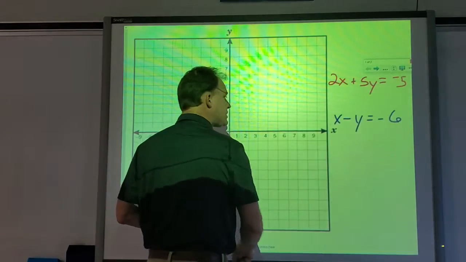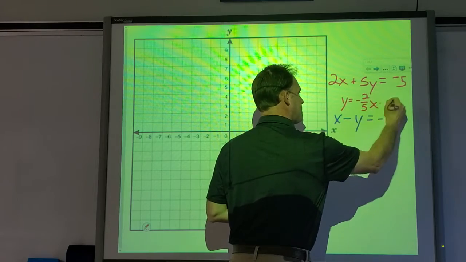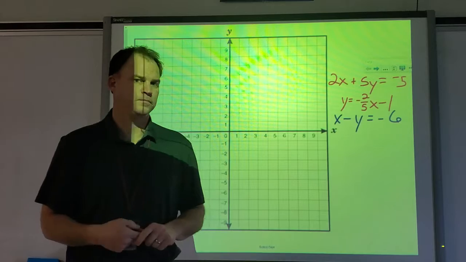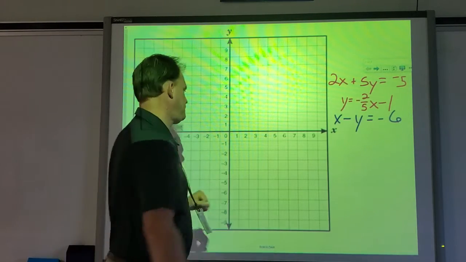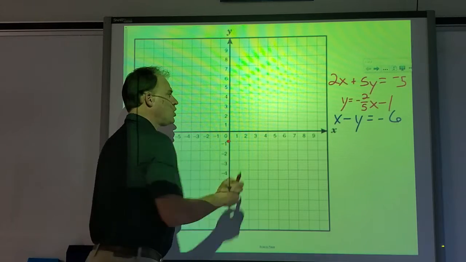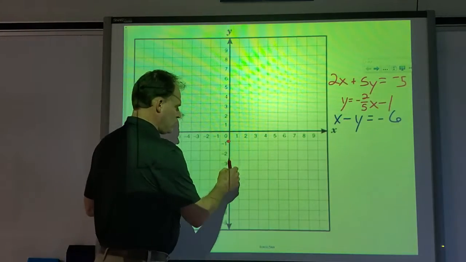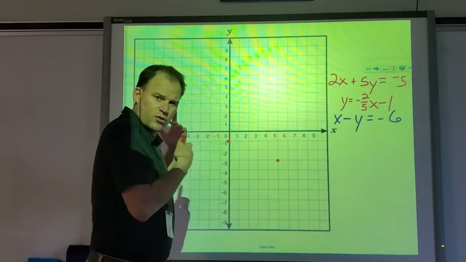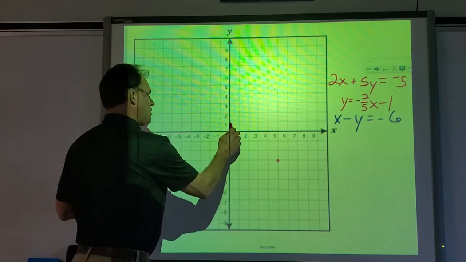I have this in y equals form. Any questions how we got that there? All right, now we can graph it. What's the y-intercept? What's the slope? So I can go down 2, right 5. Again, just for kicks and grins, we don't know where the other line's going to be. I'm going to do one backwards.